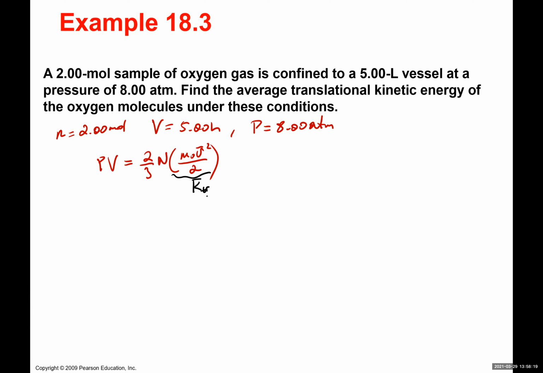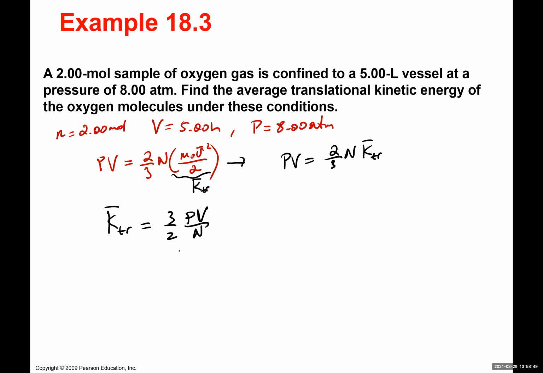Let me put TR for the translational kinetic energy. So my equation is PV equals 2/3 N times the average translational kinetic energy. If I rearrange, the average translational kinetic energy is 3/2 PV over N.